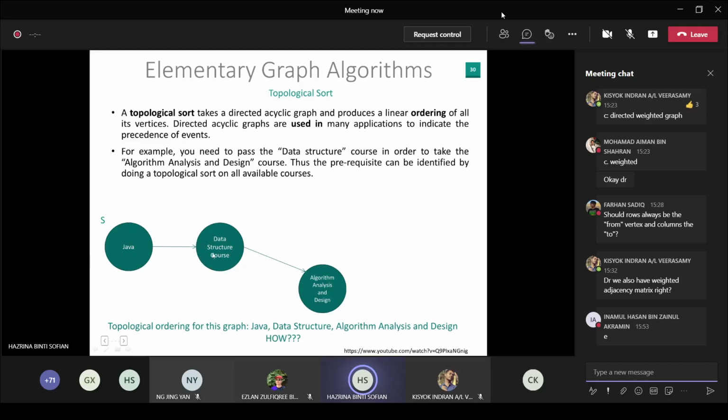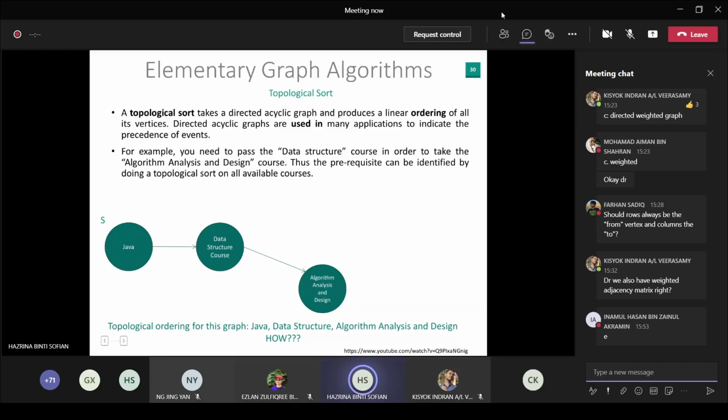Of course, when we have this graph, it is easier for us to determine this. But let's say we have a huge graph with many different orders.